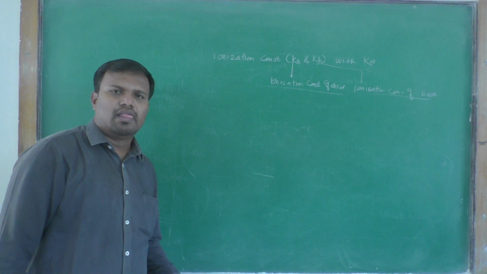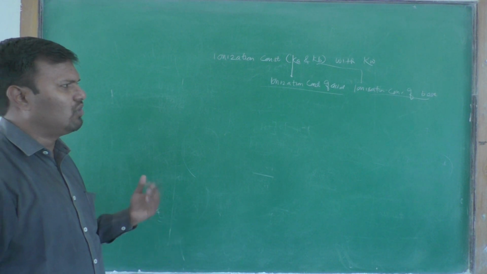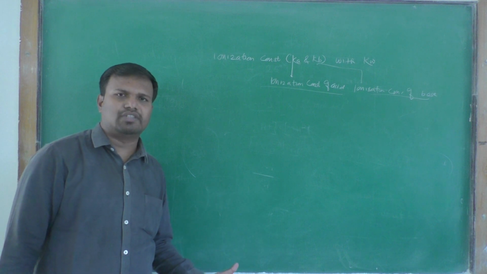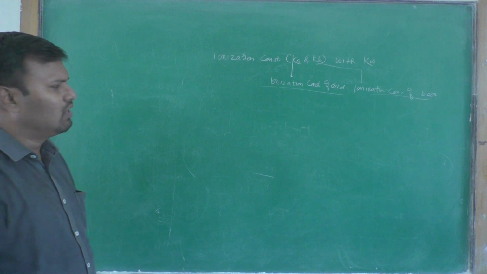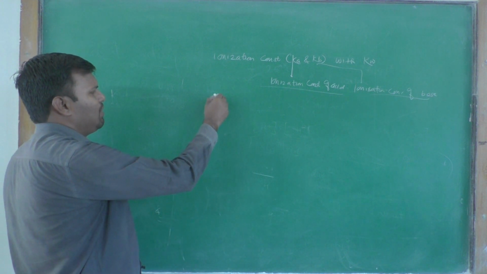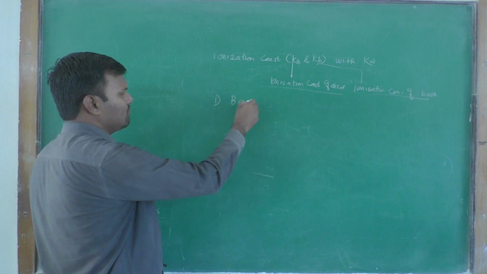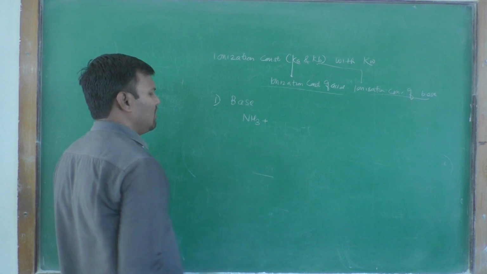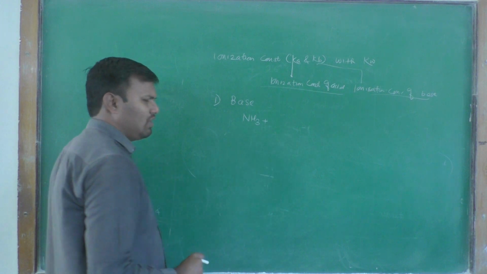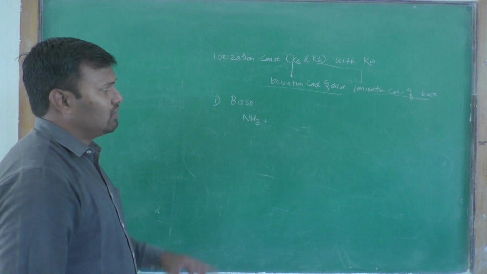We have already found these values. Now we have to find out the relation between the ionization constant of acid and the ionization constant of base. Now we have a base, NH3, and we have to find out the relation between the ionic product.